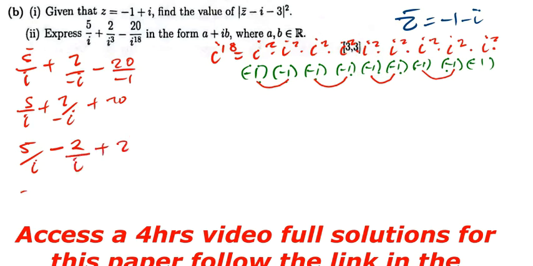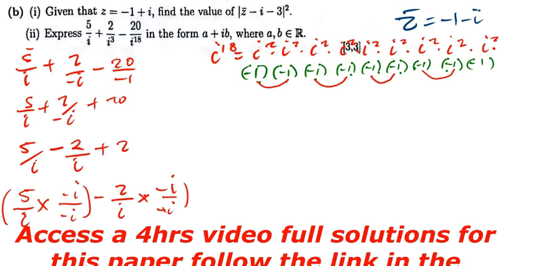Now you say 5 divided by i times negative i over negative i, minus, so you put these ones in the brackets, negative 2 over i, then times negative i over negative i, like that, plus 20.